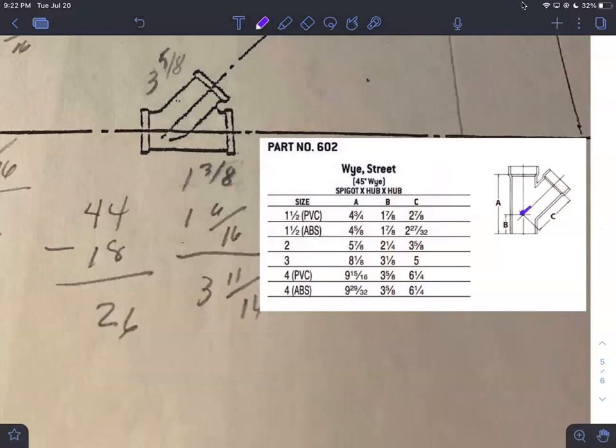This C right here is this distance here. So that's C. And we said we're going to focus on just the two. So this is 3 5/8. So that piece was correct.